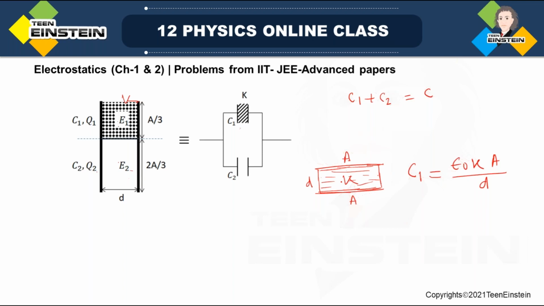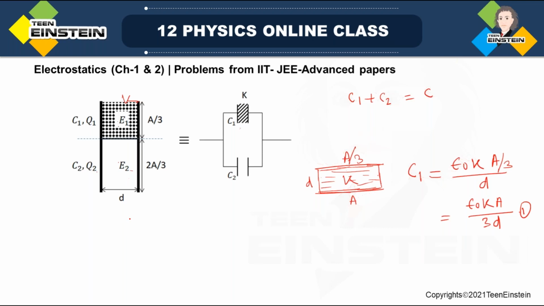But this A is not A here, it is A by 3. So I'll write A by 3. Therefore, we have the capacitance for this particular portion as epsilon 0 KA by 3D. This is C1. Let us say this is equation 1.